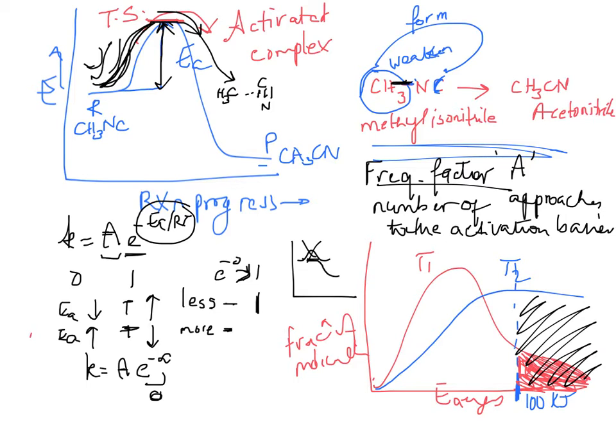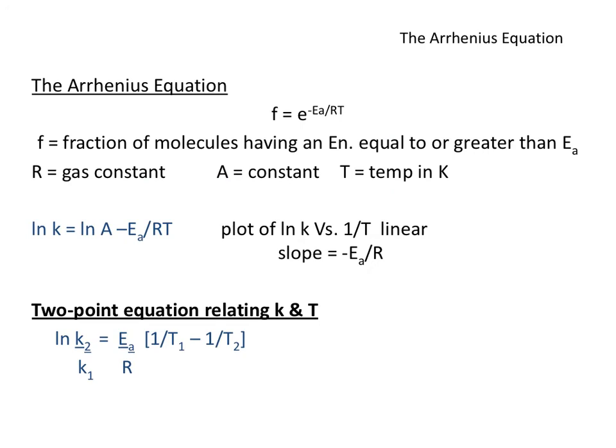I hope you're with me so far, so let's go forward. Arrhenius's plots, which were experimental measurements of frequency factor and the activation energy, were calculated, and essentially an equation was provided, which as a 1-point equation is given as natural log of k is equal to natural log of A minus Ea over RT, where natural log of A is essentially this number right here.